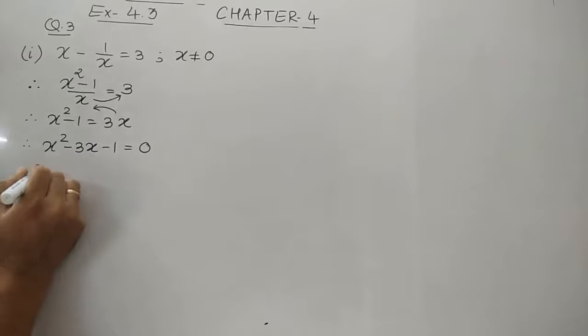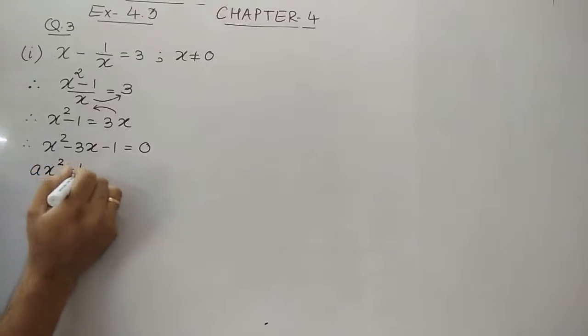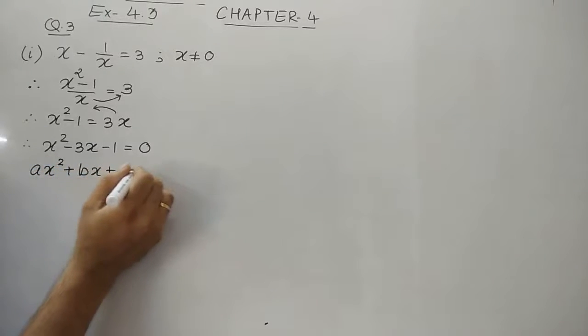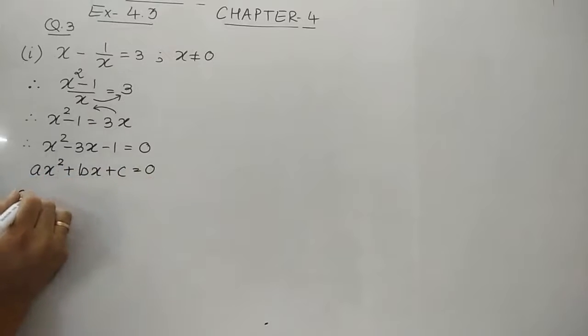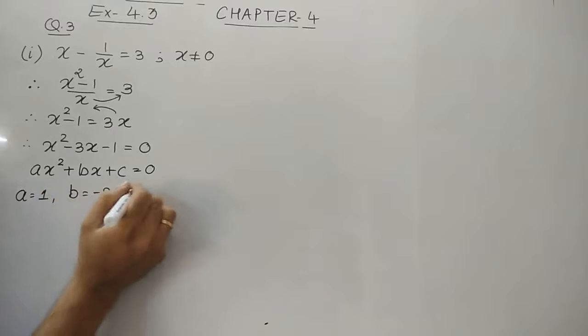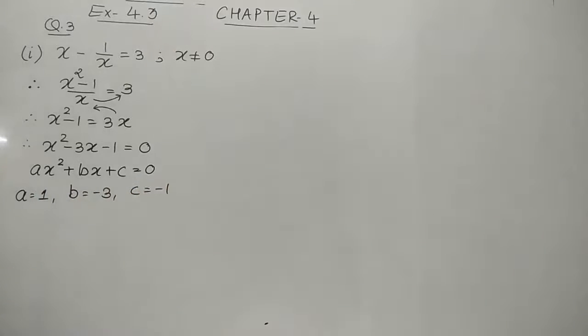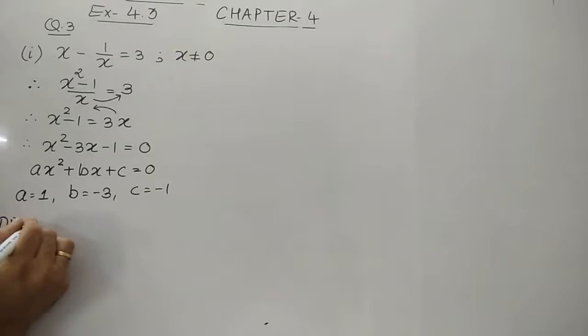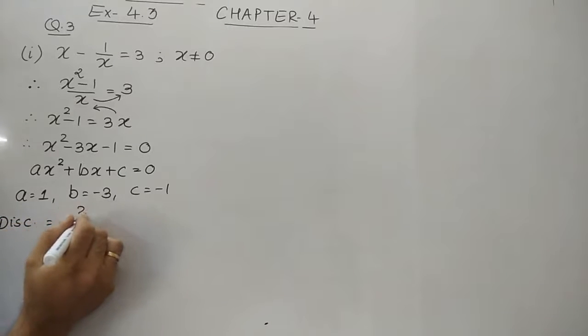So I'll compare this with the standard form, that is ax square plus bx plus c equals 0. So the value of a is 1, the value of b is minus 3 and c, the constant, is minus 1. First, we need to find out the value of the discriminant, that is b square minus 4ac.